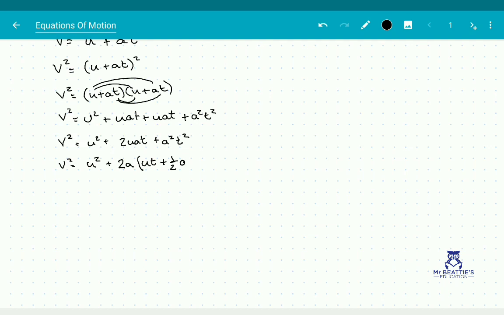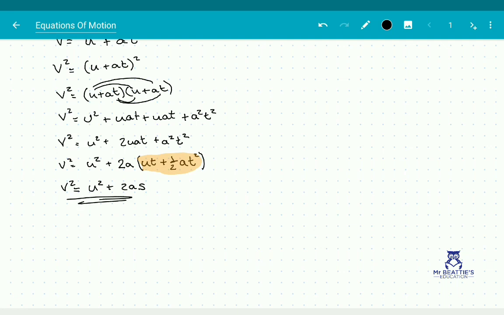And I take out a, I get left with a. And I'm going to leave the t squared there because I didn't do anything to it. And you will notice that this here is equal to s. And so v squared is equal to u squared plus 2as.